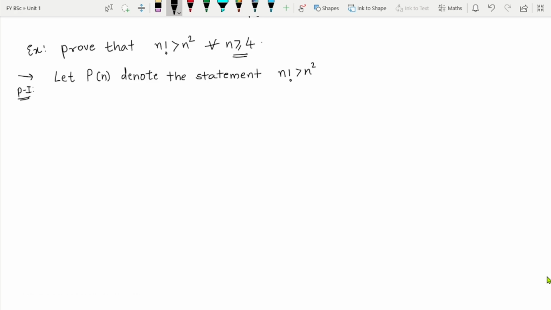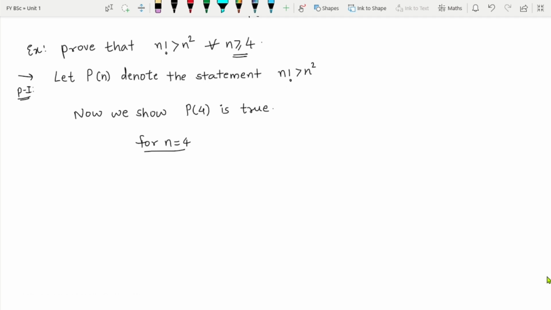This is an important step where a lot of students make mistakes. So now we show P of 4 is true. For n is equal to 4, we don't want to show that LHS is equal to RHS, but that LHS is greater than RHS, because we have a greater than sign in between.